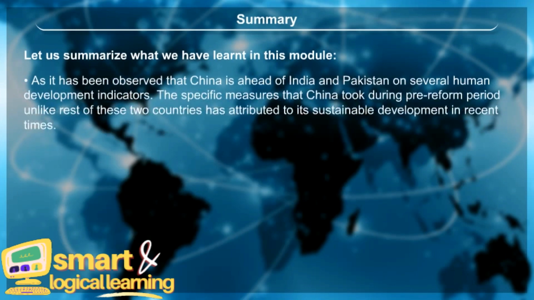As it has been observed that China is ahead of India and Pakistan on several human development indicators. The specific measures that China took during pre-reform period, unlike rest of these two countries, has attributed to its sustainable development in recent times.